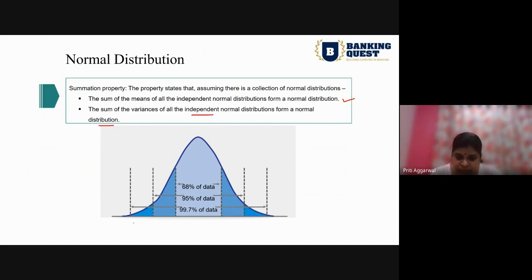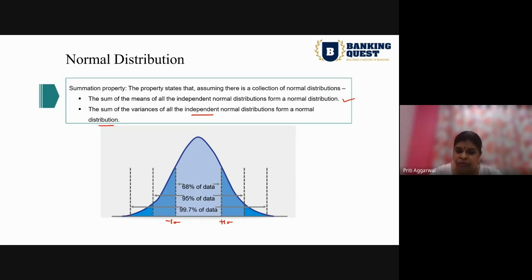So here I am talking about one standard deviation. This light blue area is positive. 68% of your data is between plus and minus 1 standard deviation.